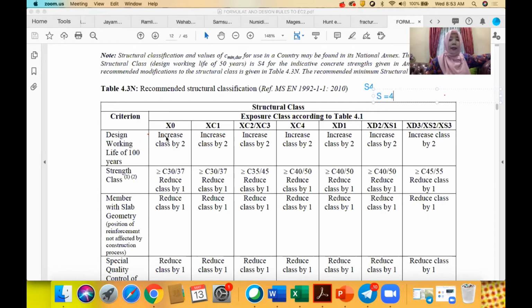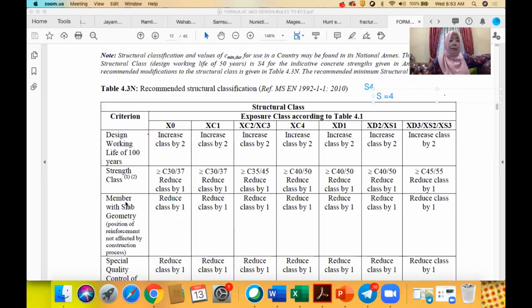Okay, and just now we classified the exposure as XC1. Is our design working life 100? No, so we omit this, which would increase by 2. The second one: is our strength class greater than 30? No. If there is, then we reduce by 1.